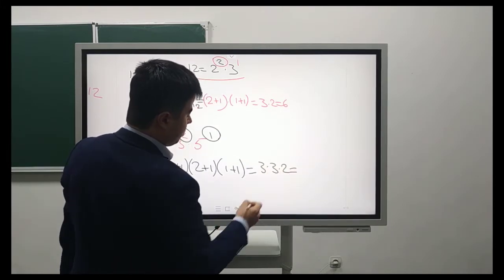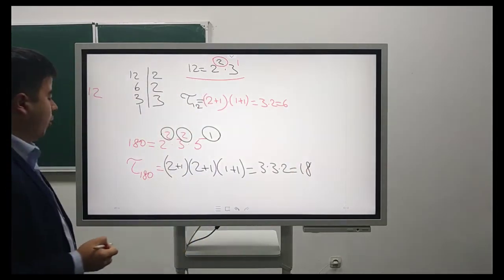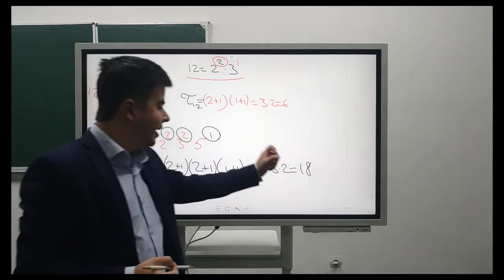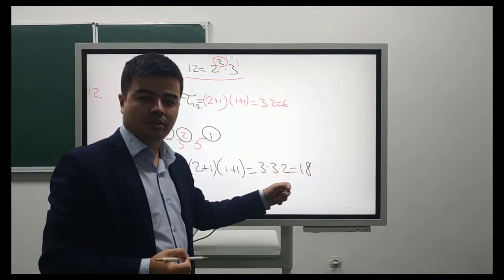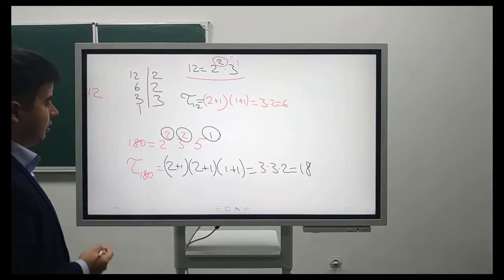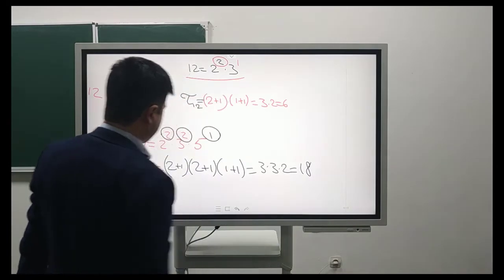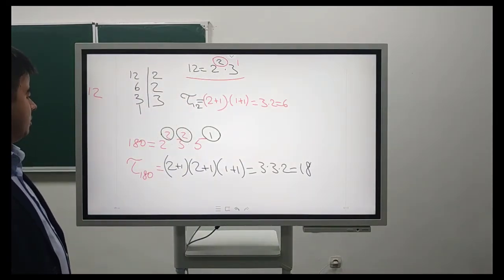We get the answer 9 times 2, 18. So 180 has how much? 18 divisors. Okay. So this is the number of divisors.